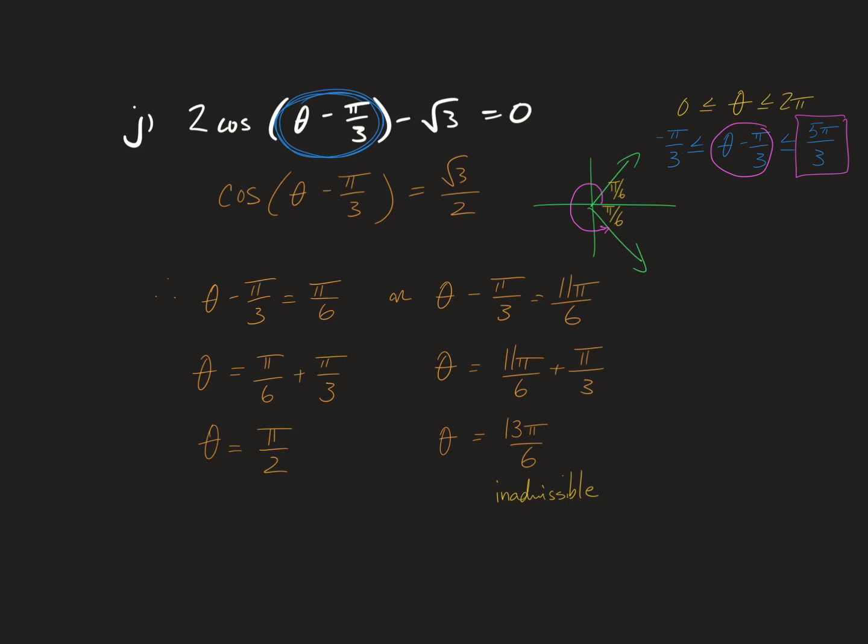If I look at my quadrant 4 solution right now, that quadrant 4 solution is an 11 pi by 6. And so for me to rotate using that pink angle, I actually rotated to 11 pi by 6, which is past 5 pi by 3. I'm out of my restriction. And maybe that's why you can see why we get an inadmissible solution for it.